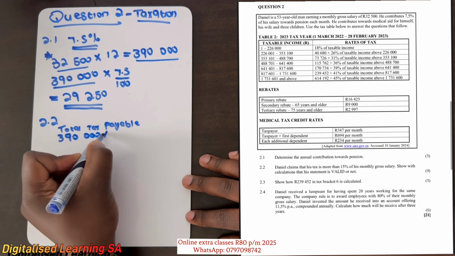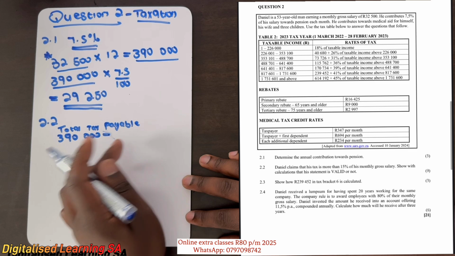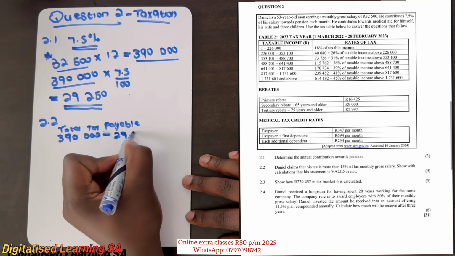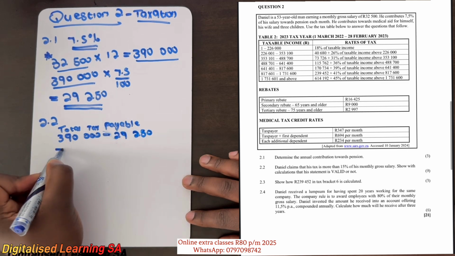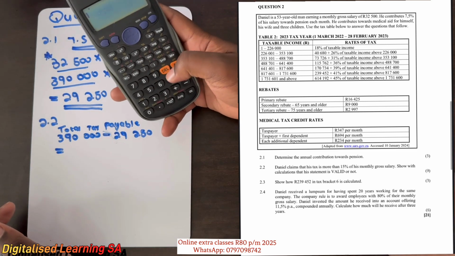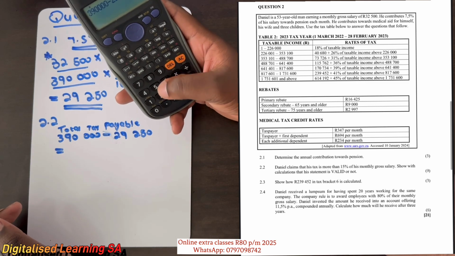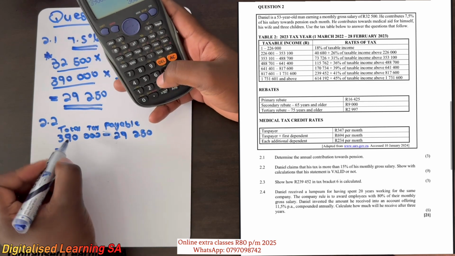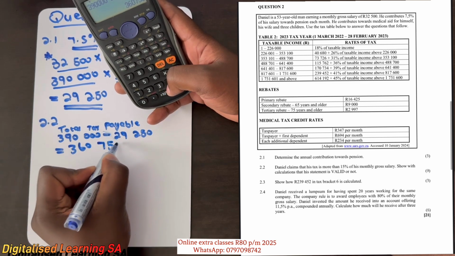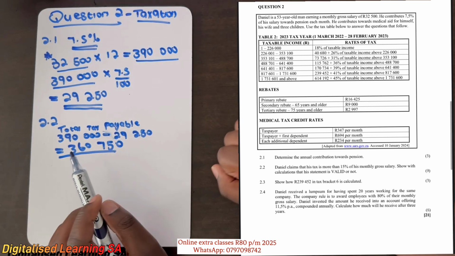In a year he will be left earning 390,000 minus 29,250, which is 360,750.